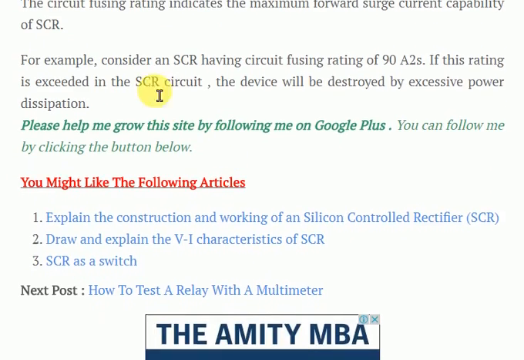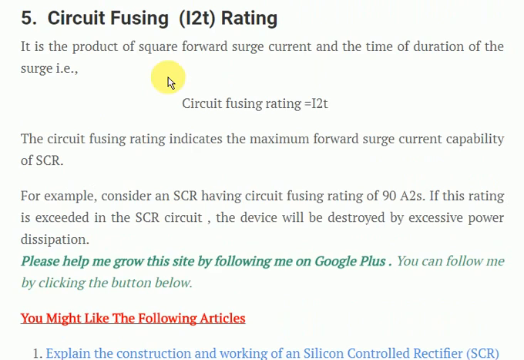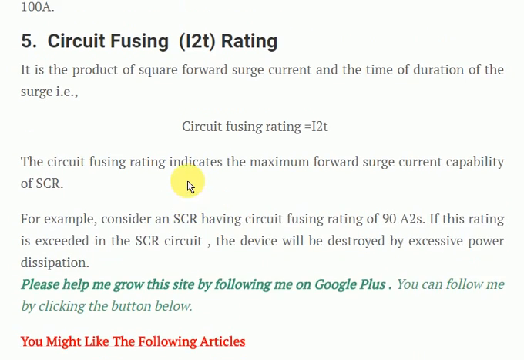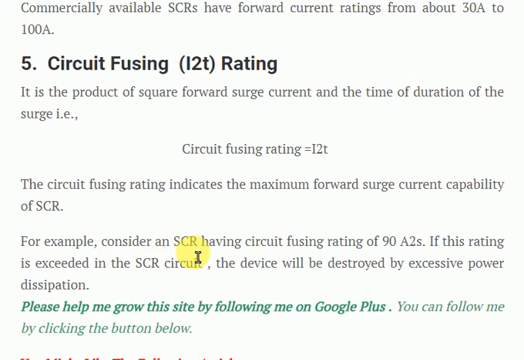For example, consider an SCR having a circuit fusing rating of 92 ampere square second. If this rating is exceeded in the SCR circuit, the device will be destroyed by explosive power dissipation.